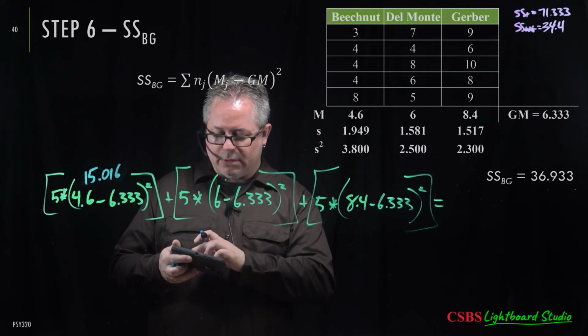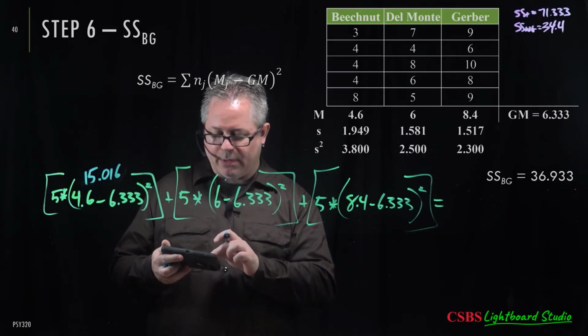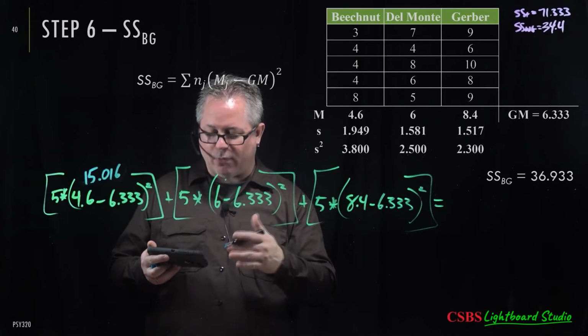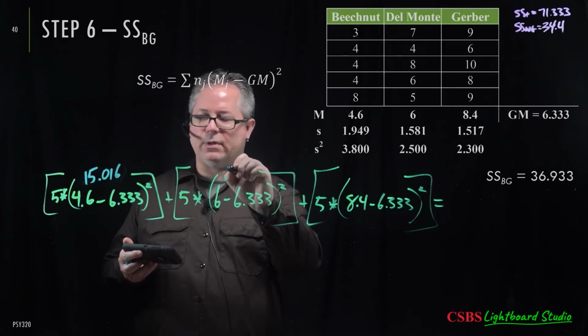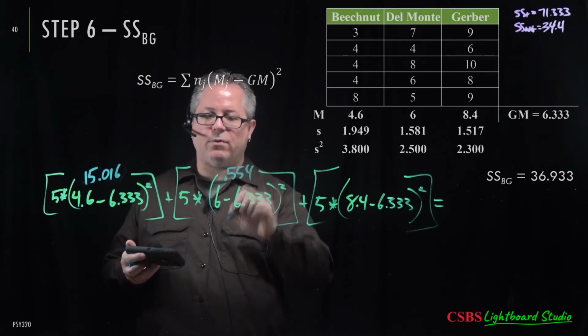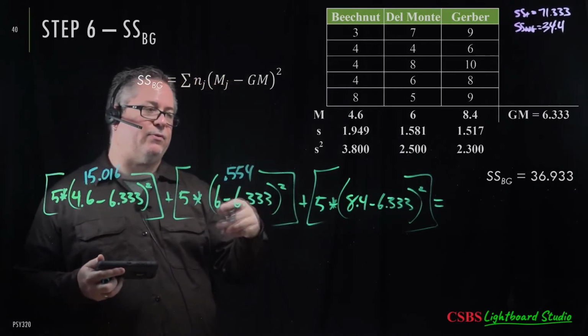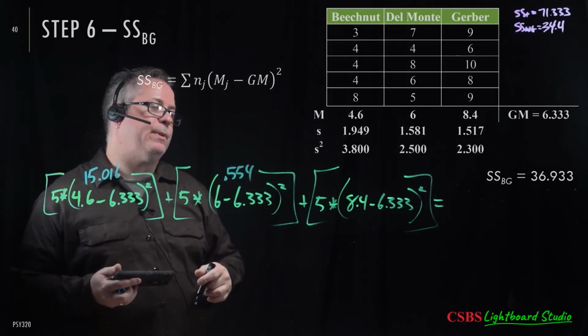Times 5 equals 0.554445. So this whole thing is 0.554, which before we had come up with 0.555 because of the rounding in between.